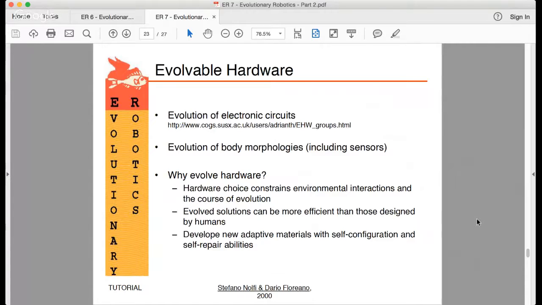Evolved solutions can be more efficient than those designed by humans. Totally agree with that. Develop new adaptive materials with self-configuration and self-repair abilities. Yay! We talked about self-reconfiguration, self-repair, and self-assembly in our previous meetups. It's time to highlight them again and remember them again.